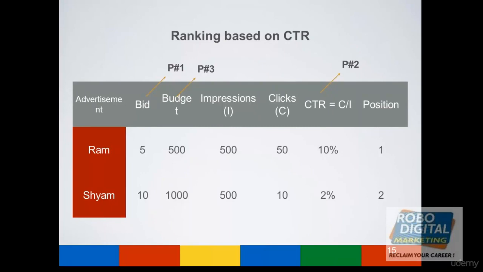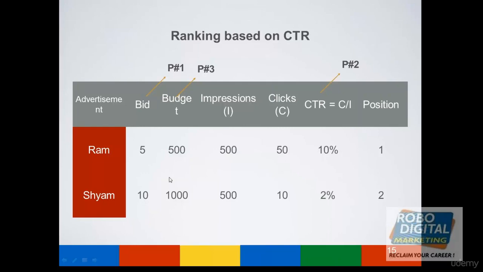Generally, we have seen if the bid is high, the position of the advertiser should be higher. But if you look at this case, Ram is getting the first position because his CTR is high. Why has Google kept the CTR in the loop? The reason is that if you calculate the amount, Ram is bidding 5 rupees and getting 50 clicks, so the total amount Google is earning is 250 rupees.